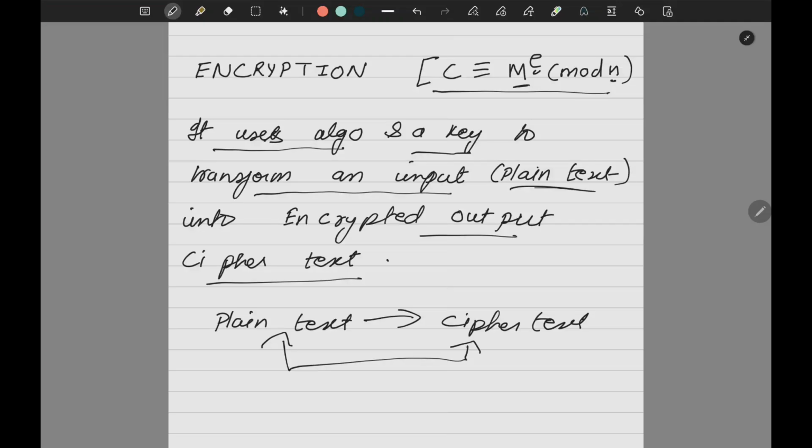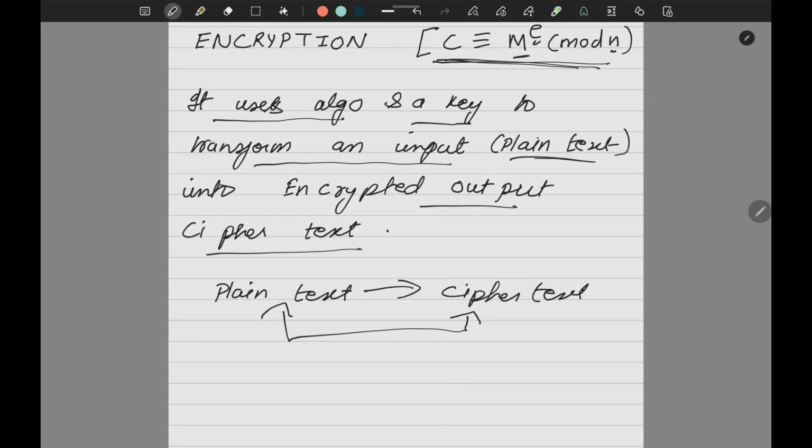So you will encrypt m using this formula. First you find your public key or private key to get the value of e, then you use this formula and get the answer. That we will learn in numericals. Don't worry about it. First understand the theory, so that you do not get confused when they give you words like plain text and ciphertext.